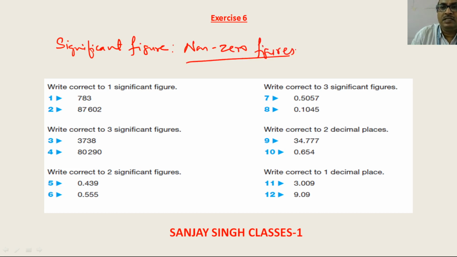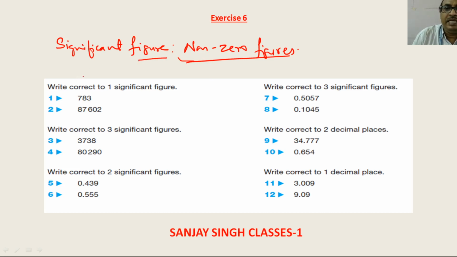Non-zero figures are called significant figures, meaning 1 to 9, wherever they appear. But students need not worry. In 11th and 12th standard, the definition varies a little regarding which digits should be counted as significant, and I will tell you that separately. Here, non-zero figures are called significant figures.